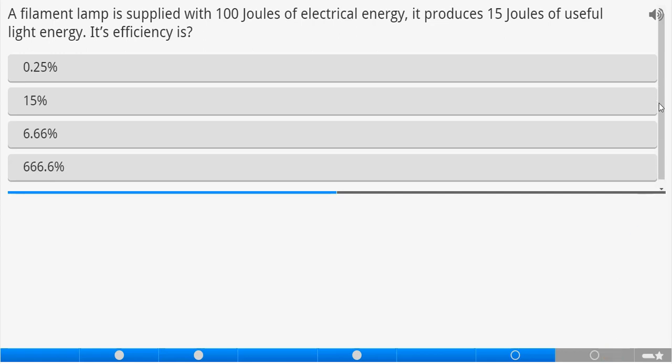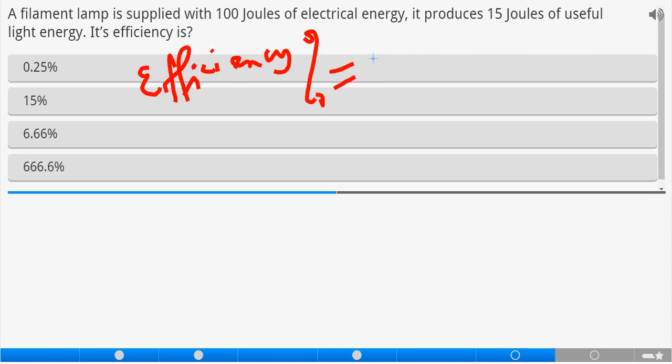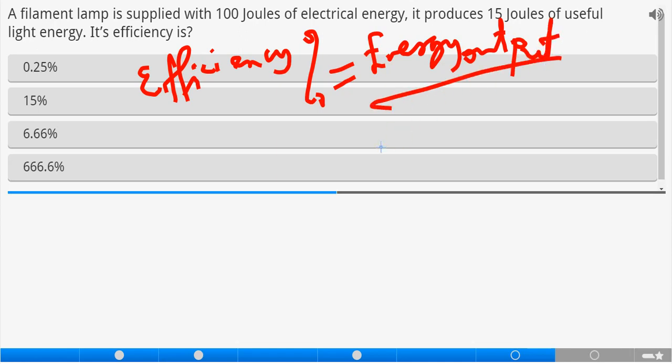So let's do it. A filament lamp is supplied with 100 joules of electrical energy. In that sense, it produces 15 joules of useful light energy. Its efficiency is, don't forget I told you that efficiency is rated in what? Percentage. That is what? Energy output divided by what?